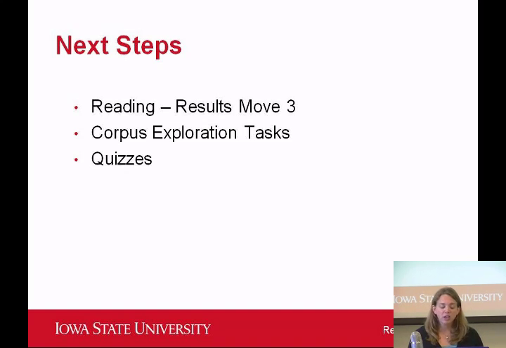Most importantly, note that even though we mentioned there was a Move 4 in our results overview lecture and in the reading from the overview, we're not going to discuss Move 4 within the results. Instead, we're going to talk about that move in more detail within the discussion and conclusion sections where it most typically occurs. But you might see evidence of Move 4 within your own results section, so that's something for you to be noticing when you look at the corpus.